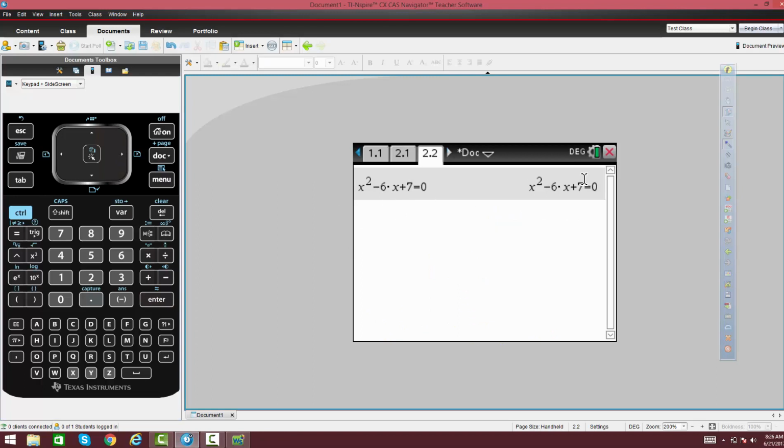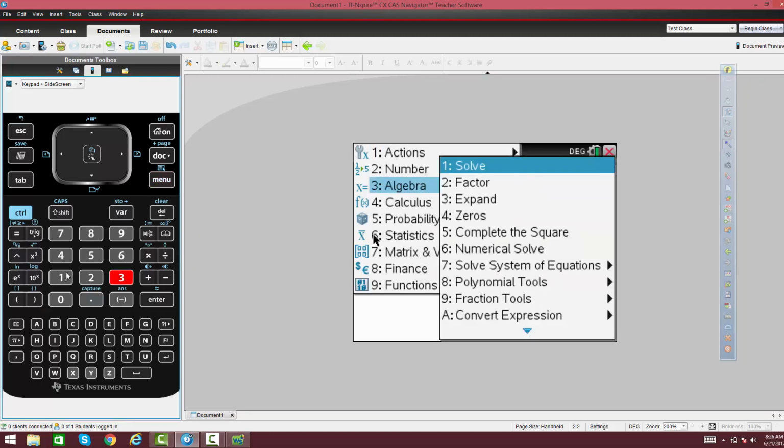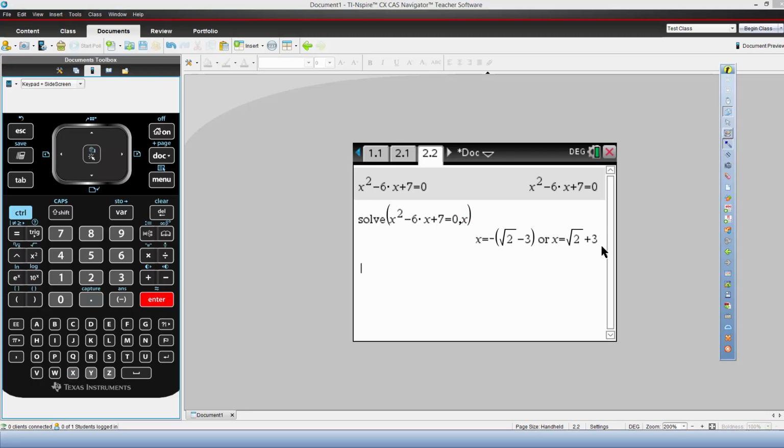I already have the equation in the calculator here, so I'm going to go Menu, Algebra, Solve, up arrow to highlight my equation, hit Enter to pull it down. Then I need to tell it what variable to solve for, so comma x. The calculator gives the same answer, but in a little bit different form.